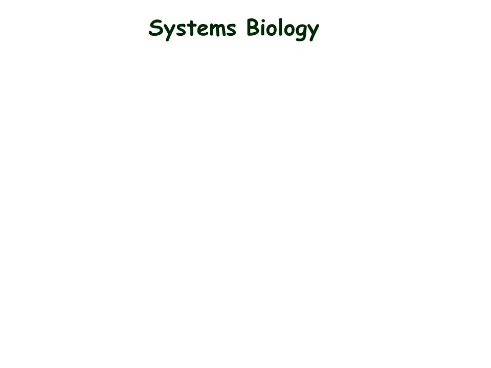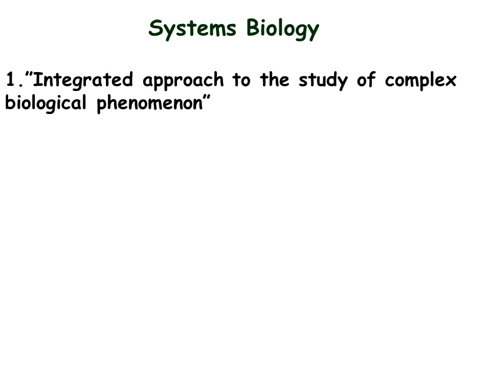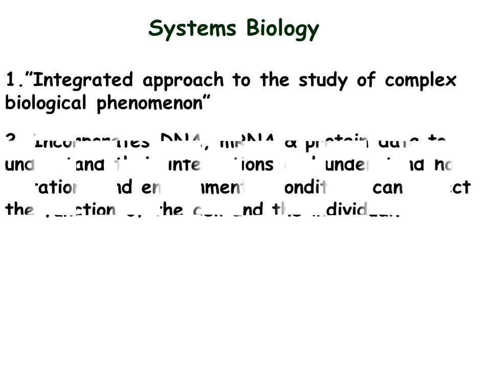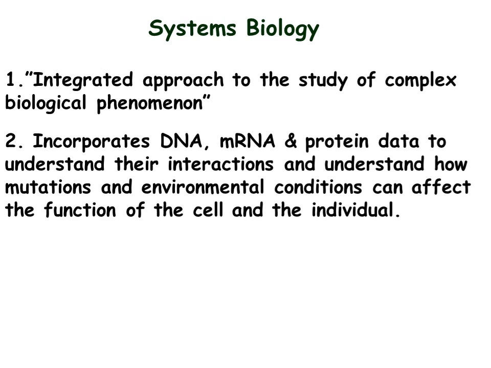So nowadays, when we talk about human disease, we talk about what we now call systems biology. This is an integrated approach to the study of a complex biological phenomenon. So what are we doing? We're incorporating DNA, messenger RNA, and protein data. We're incorporating the central dogma of biology so that we can understand their interactions and understand how mutations and environmental conditions can affect not only the function of the cell, but then the individual.